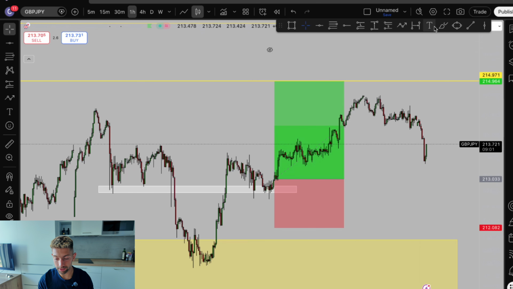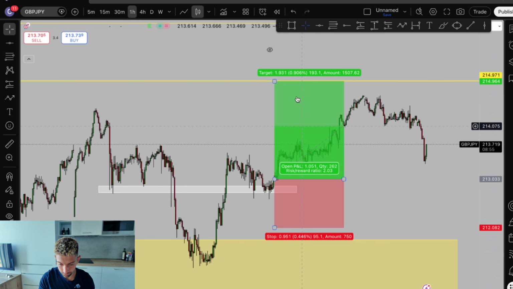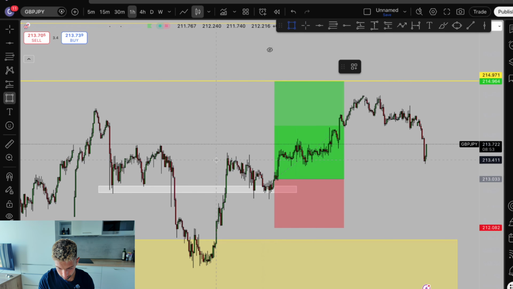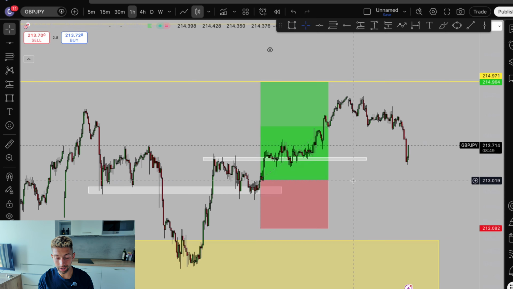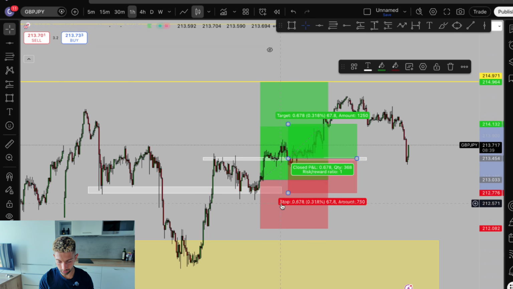So when I saw price go up and break and retest these highs right here, boom, that is where I decided to take a scale in position, right? Price broke it, price retested it, and that is exactly where I entered.